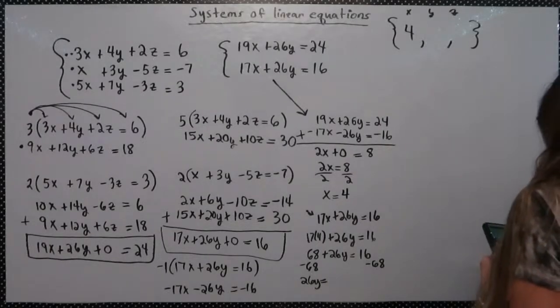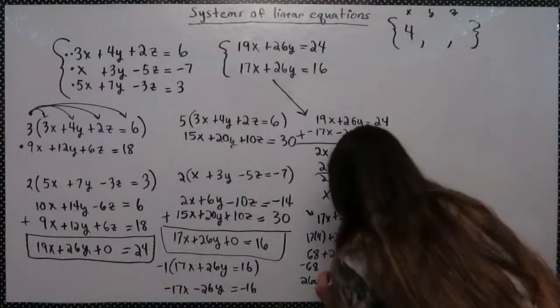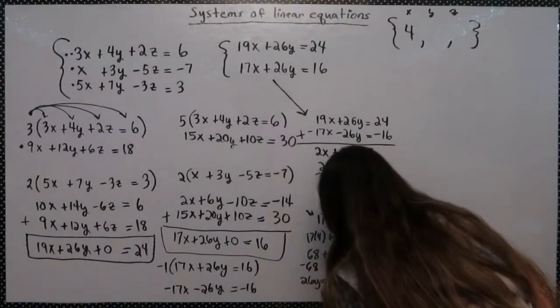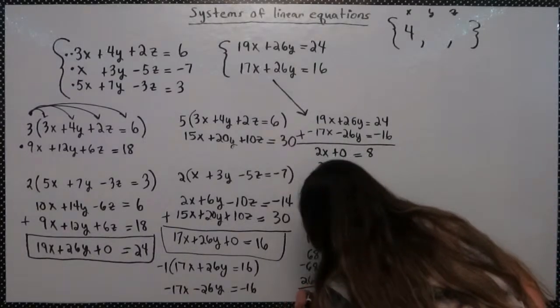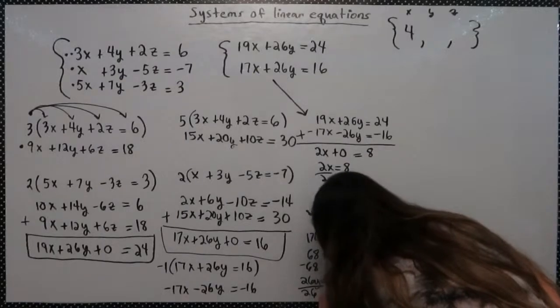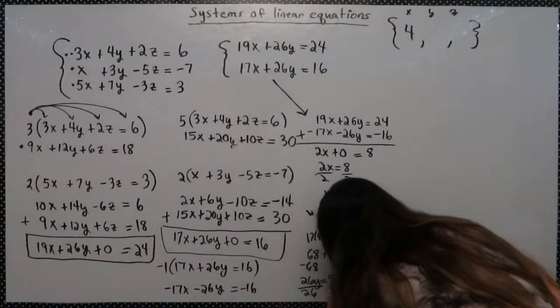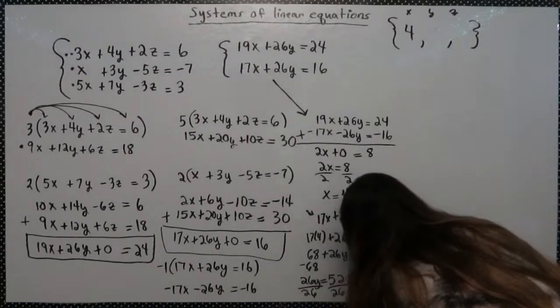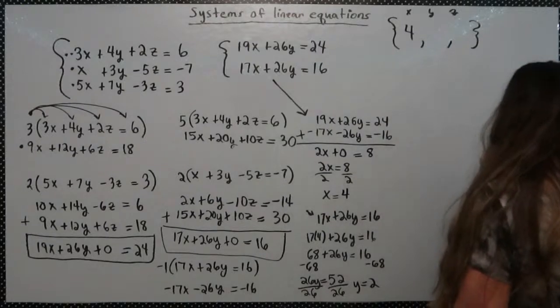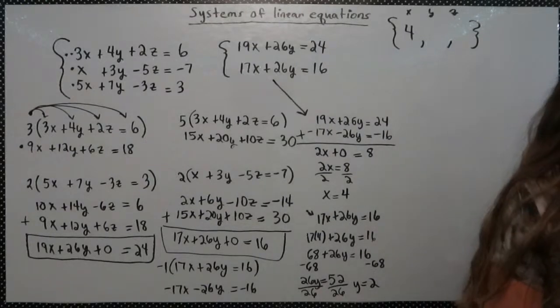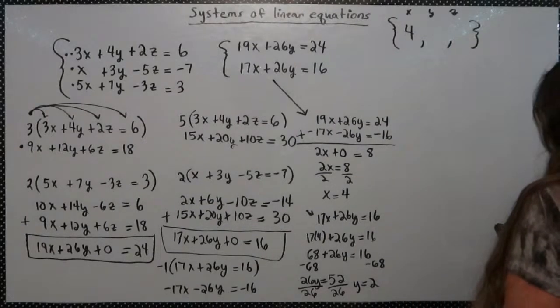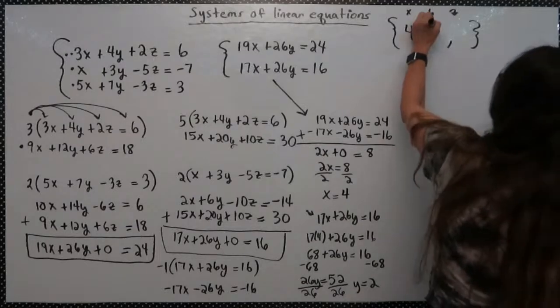That's 52. So 52 divided by 26. I think that's 2. y equals 2. Yeah, it's clean. Good. All right, so we've got y is 2.